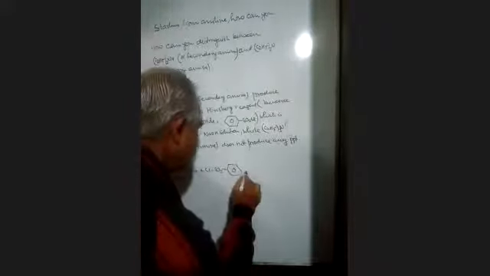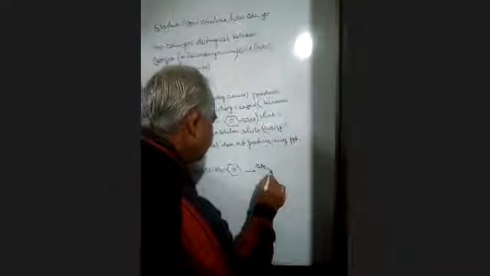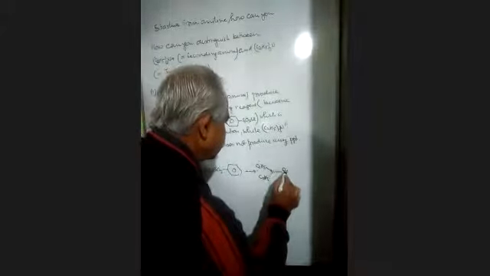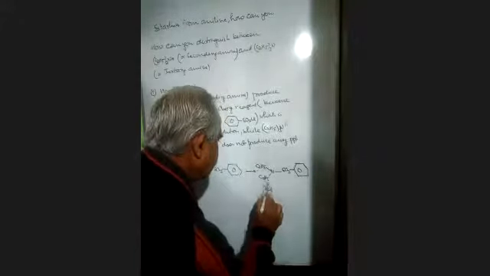Okay, anyway, I'll write it for you. So (C2H5)2NH and HCl, SO2, this. So what I'll get here? I'll get here (C2H5)2N SO2. Okay. What should I write here?